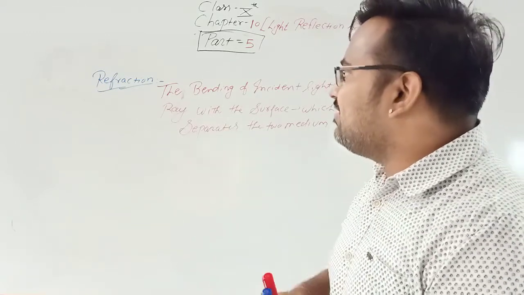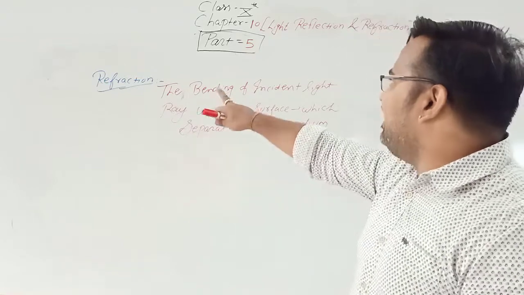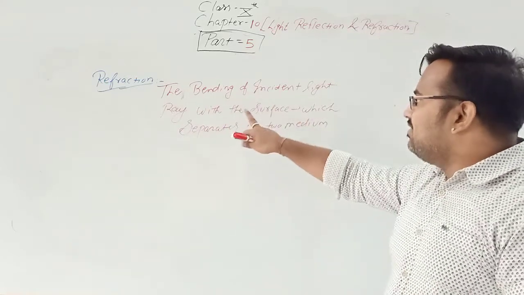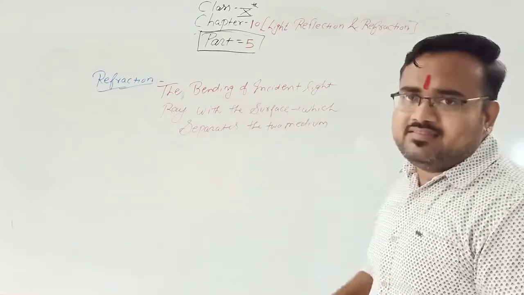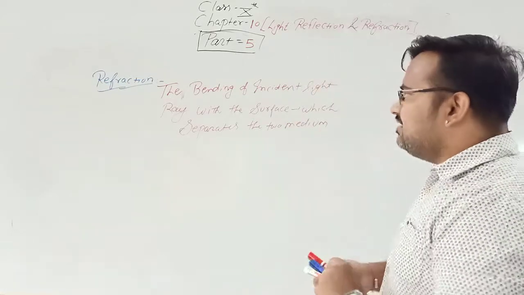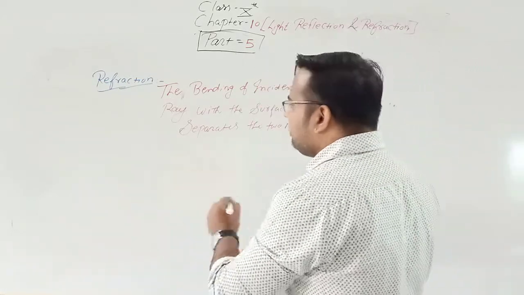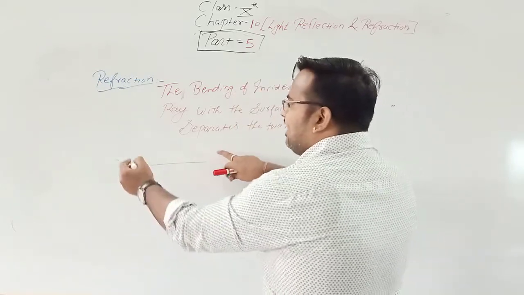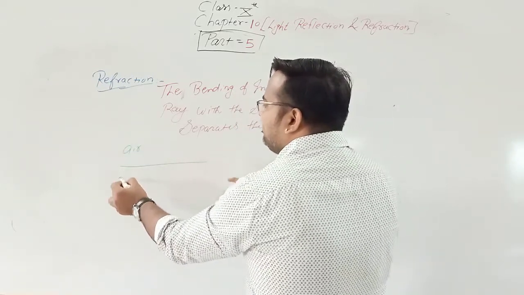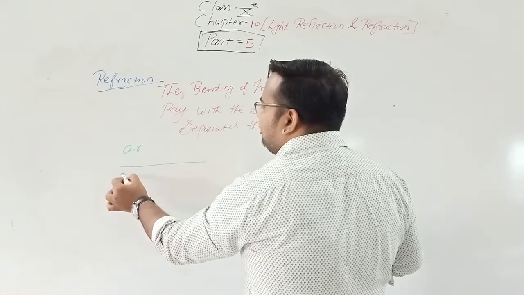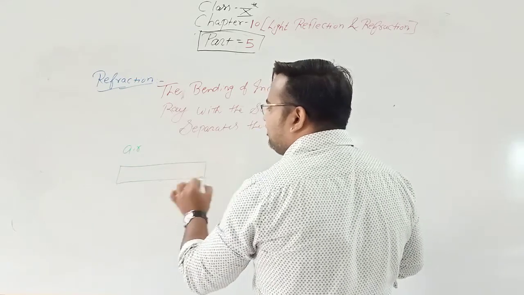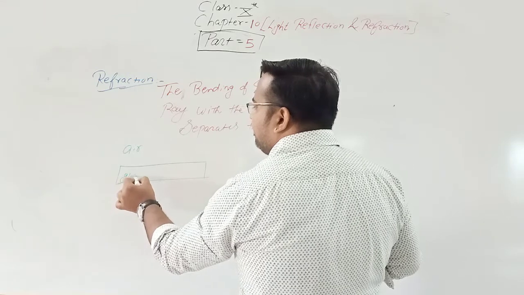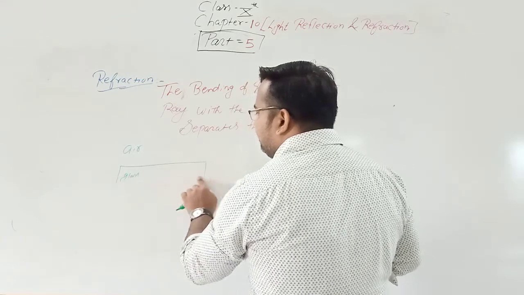So in case of refraction, what we will see is the bending of incident light ray with the surface which separates the two medium. For example, this is a surface, and this medium is air, and this is a slab of glass. So this is glass medium.